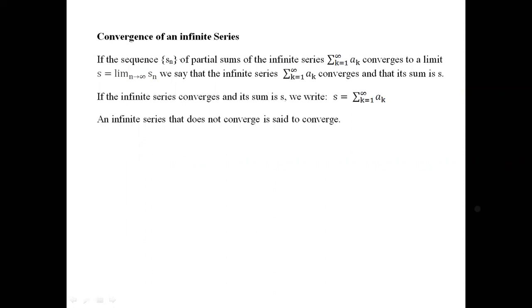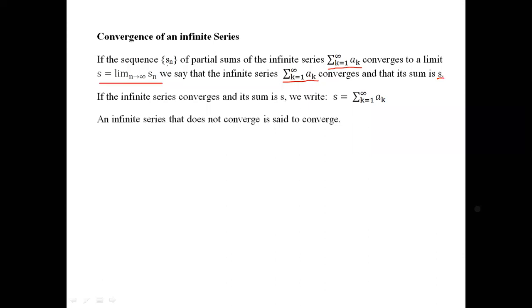If the sequence Sn of partial sums of the infinite series shown here converges to a limit, S is equal to the limit of Sn as n approaches infinity, we say that the infinite series sigma ak as k ranges from 1 to infinity converges, and that its sum is S. You get the point?